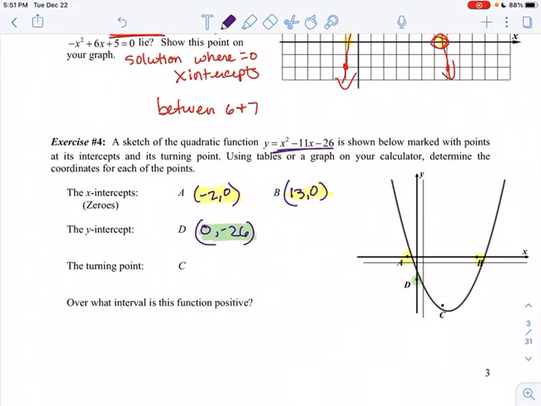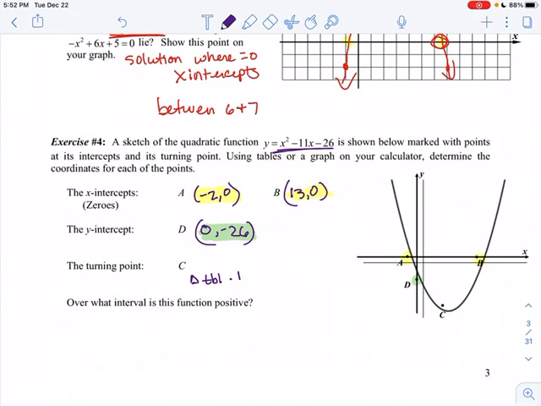Now that one's like in between, so it depends. If you have a regular graphing calculator, you would be able to see what that is a little bit easier. If you go to change the table, it's going to be a decimal. So if you change the table and you make the table 0.1, then you'd be able to see it a little bit easier. And you can see that if you're looking at your table, that turning point is going to be somewhere between 5 and 6.